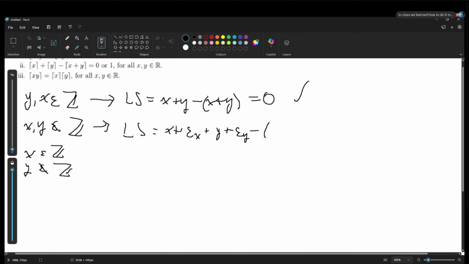You can also do it in terms of inequality and bound it. Essentially you get x plus y plus epsilon x plus epsilon y, and then the x plus y's cancel.